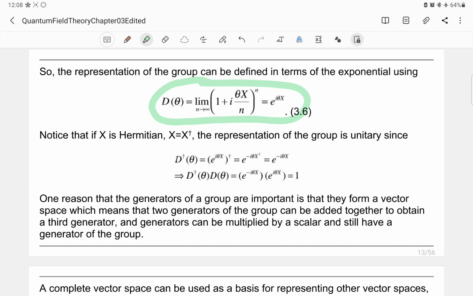Here, if you have x as Hermitian, which means that the adjoint of x is the same as x, the representation of the group is unitary, since you have this one here, and that if you multiply D adjoint D, then that will just be equal to the identity.